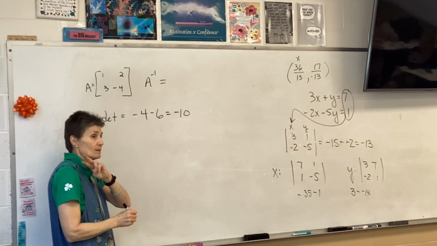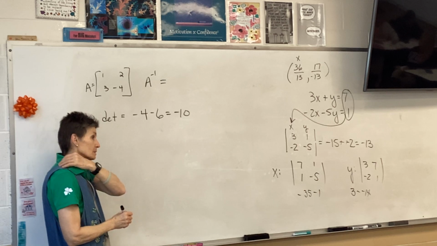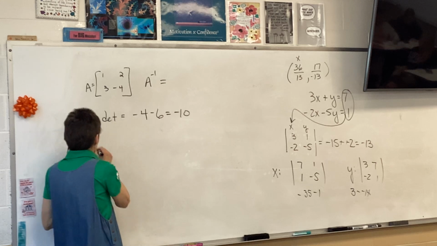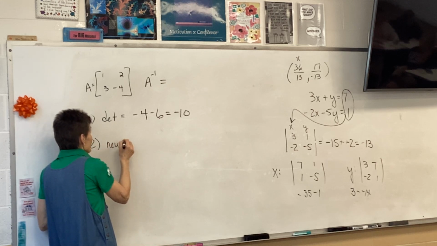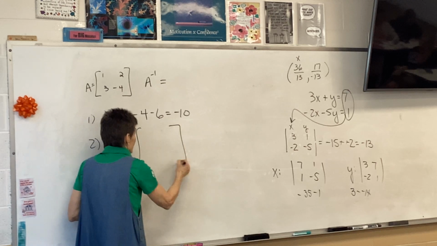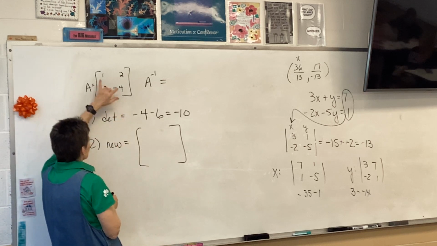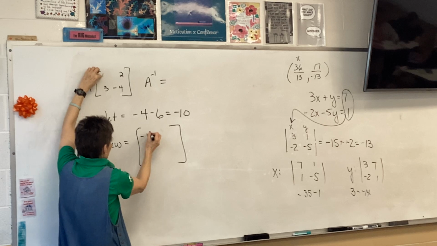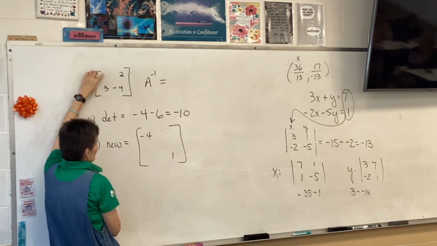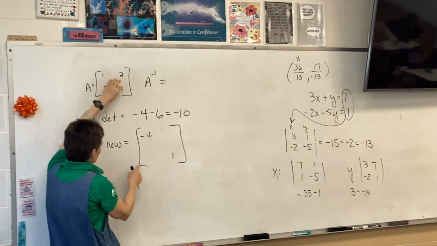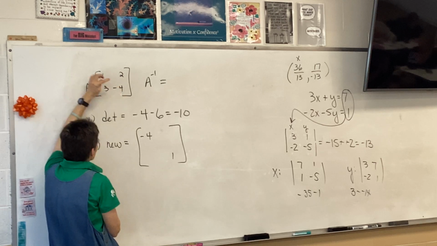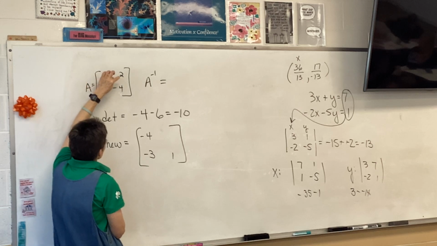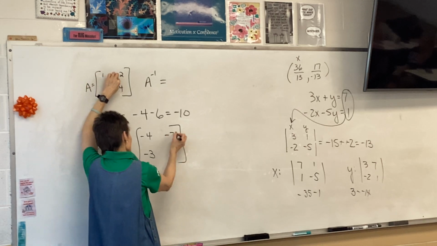What is the second thing we have to do? We have to build a new matrix. And the new matrix is made by doing what Sammy said, taking these 2 right here and switching them. So -4 comes up here, 1 comes down here. He's positive, so it becomes negative. She's positive, so she becomes negative.